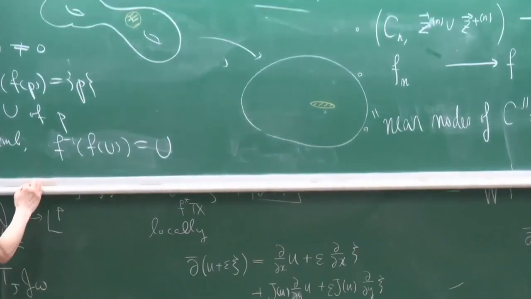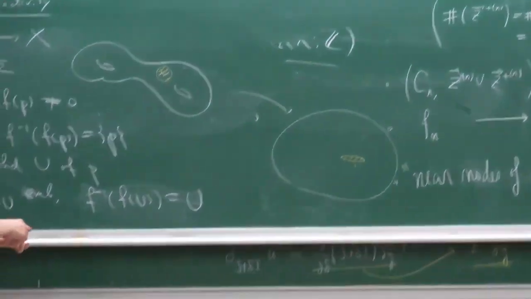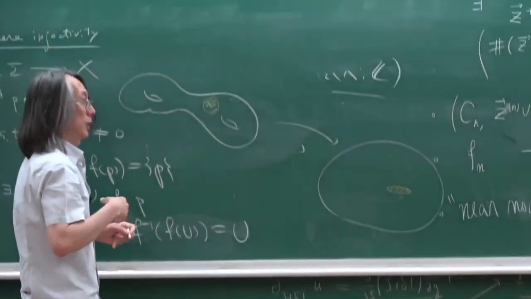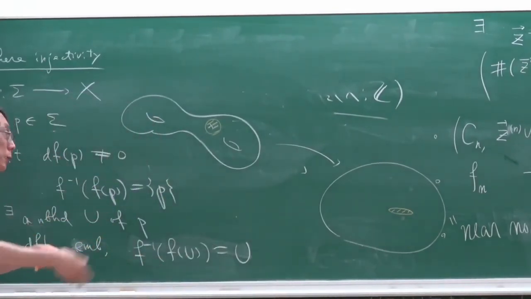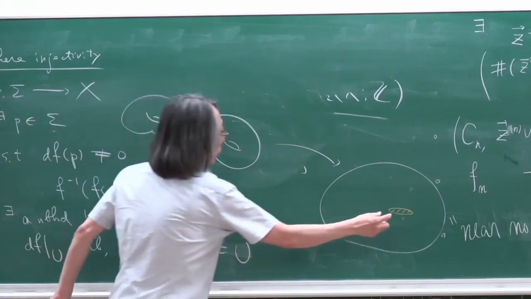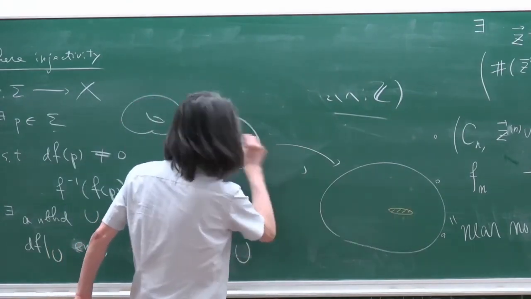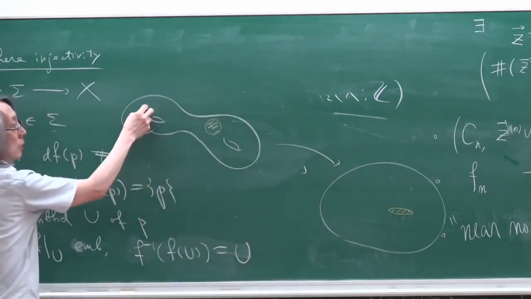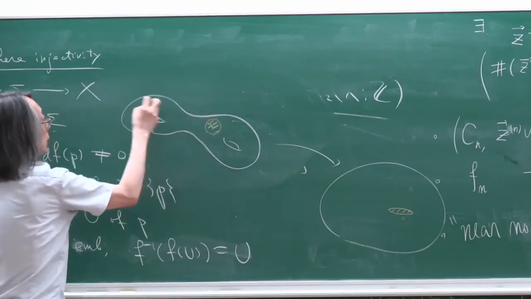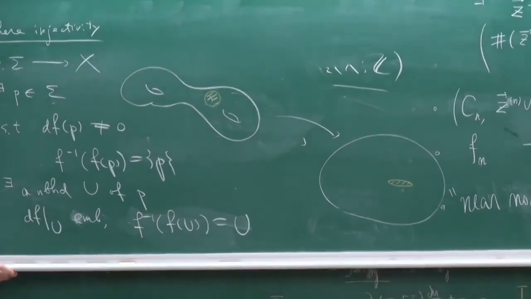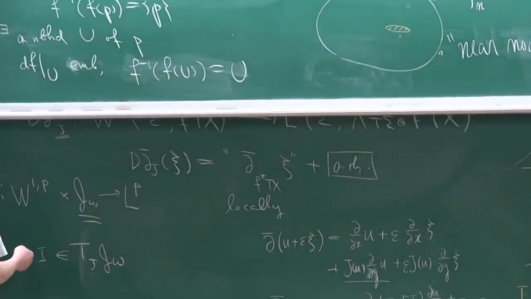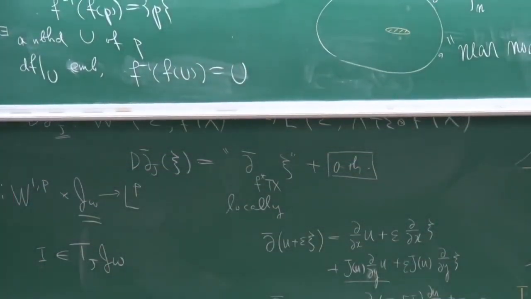But the worst case is that if it is not such a map, say a multiply covered map, then for any such piece of surface, you have another effect here, and these two contributions may cancel out, and eventually you can achieve transversality. So with somewhere injectivity, you can do this.